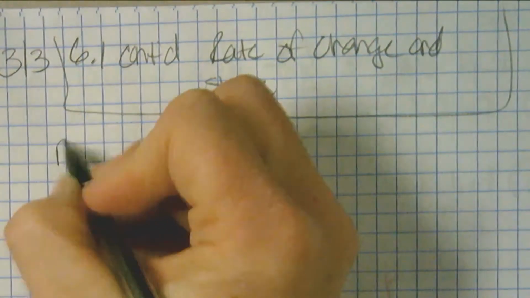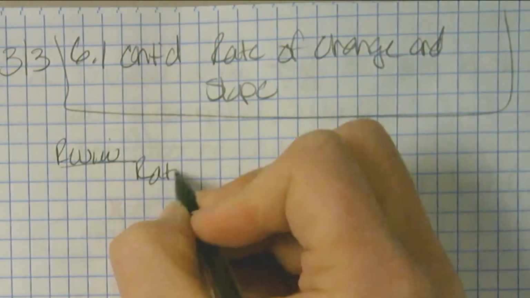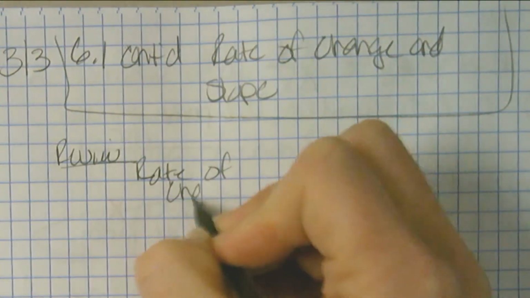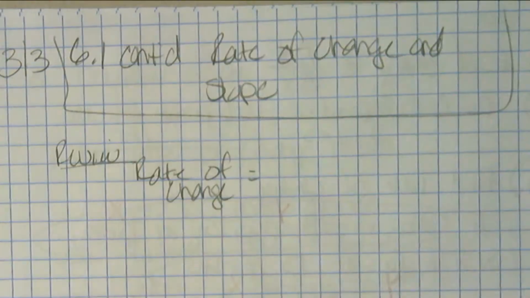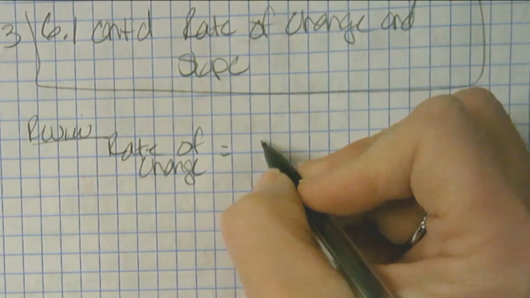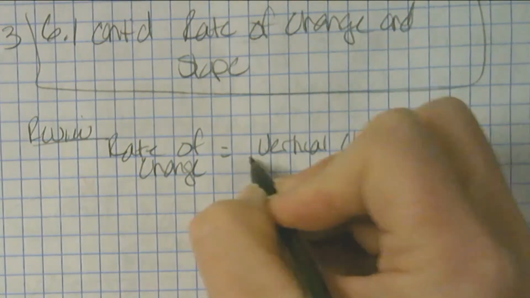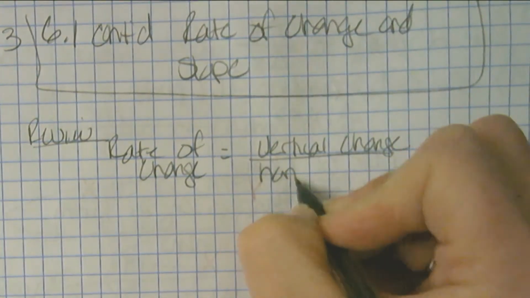Okay, so let's review for a second where we've been. Rate of change. All right, this is your vertical change divided by your horizontal change.